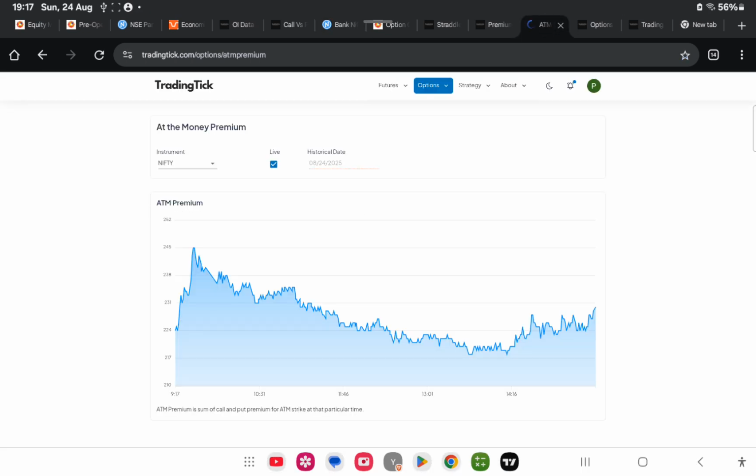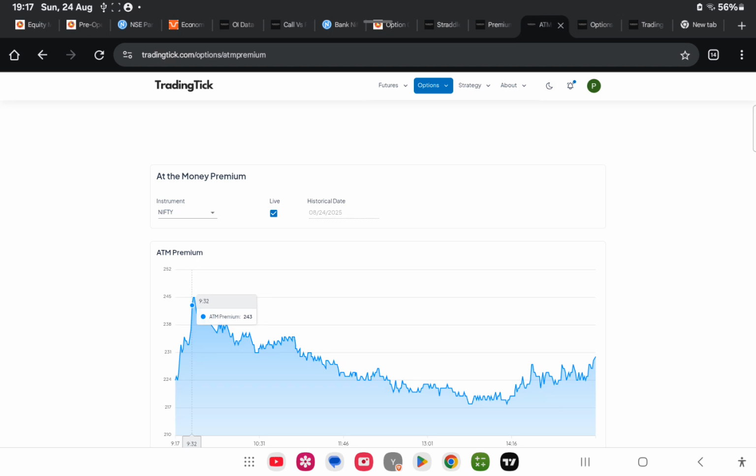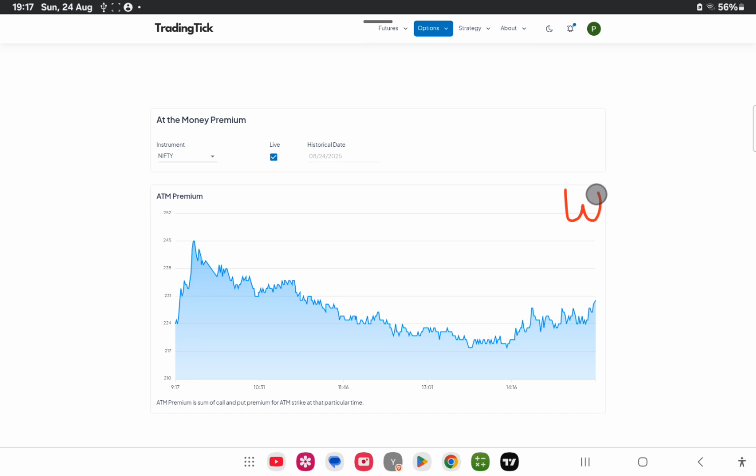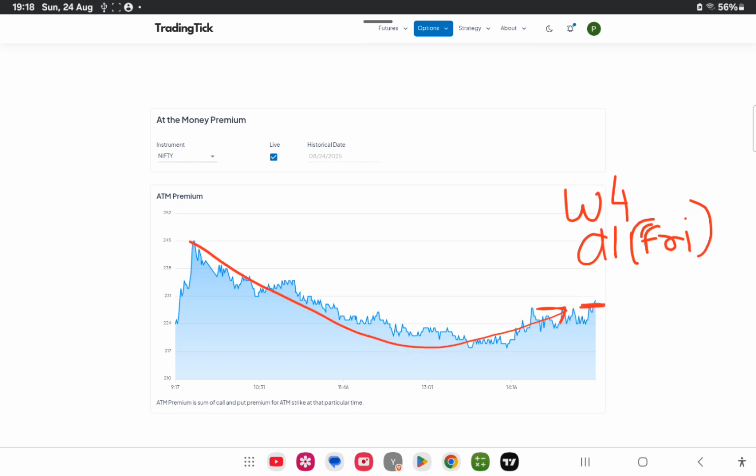You can search. Now I'll check the ATM. Is the ATM price good? Yes, 245 to 300 is a very good start for week 4 and day 1, which is a Friday. Okay, so you could see how the price action of ATM was moving.